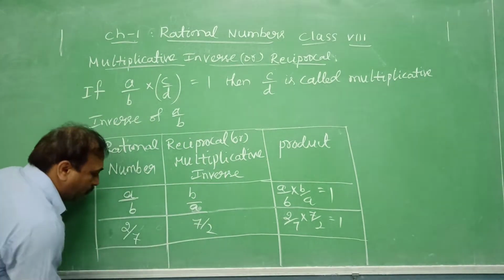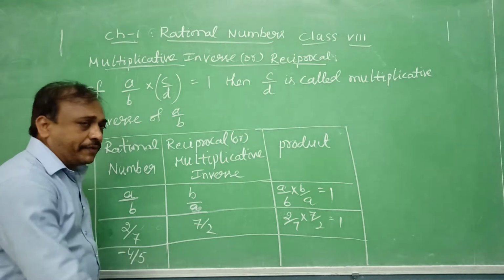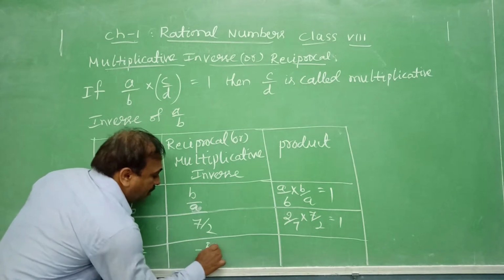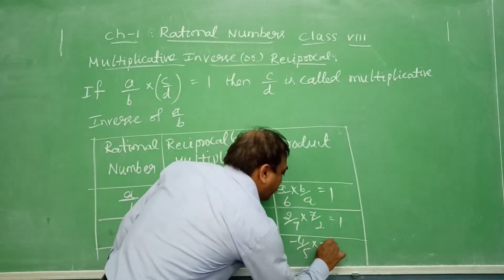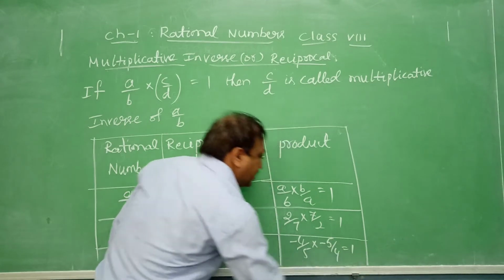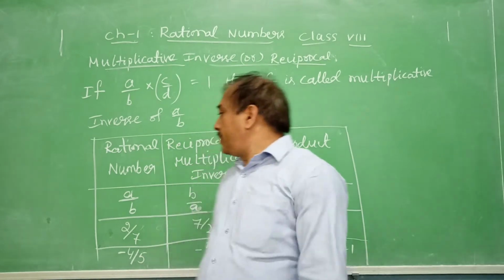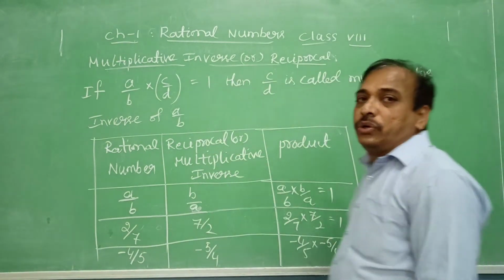Similarly, one more example, minus 4 by 5, and here minus 5 by 4. So minus 4 by 5 into minus 5 by 4 is equal to 1. A rational number and its reciprocal product is always equal to 1.